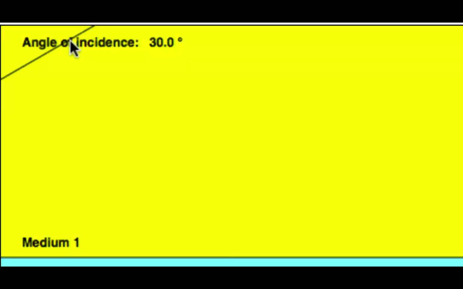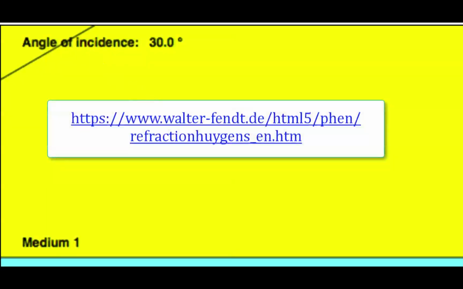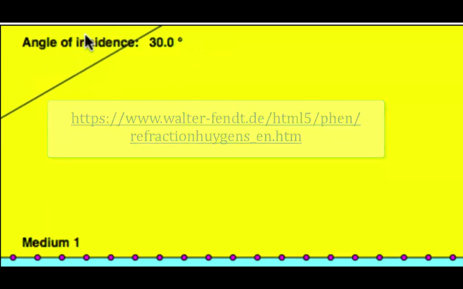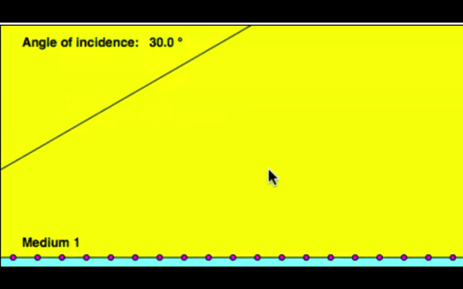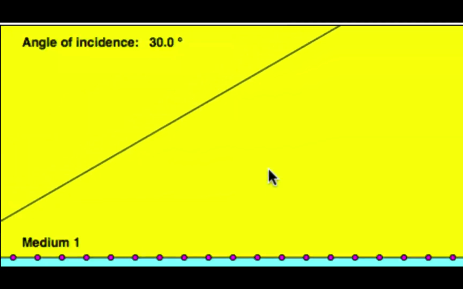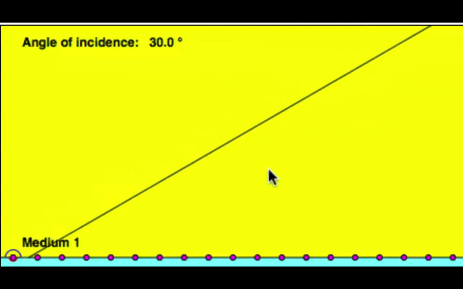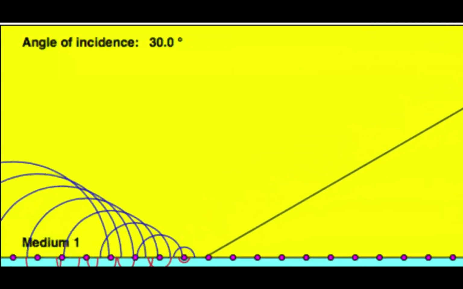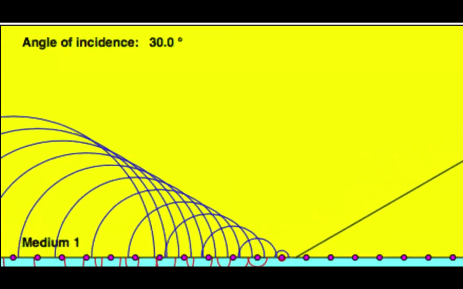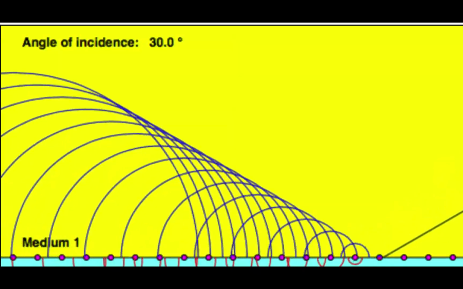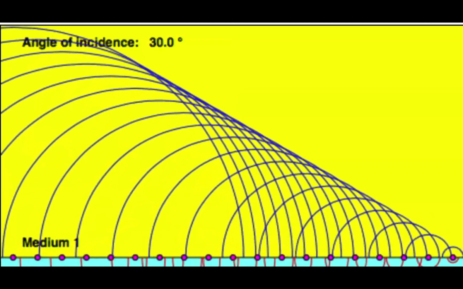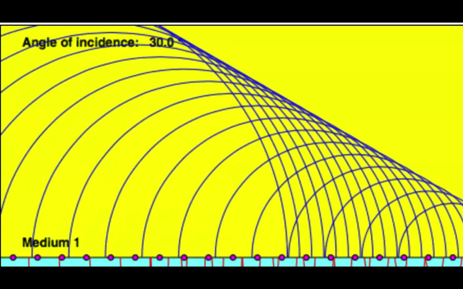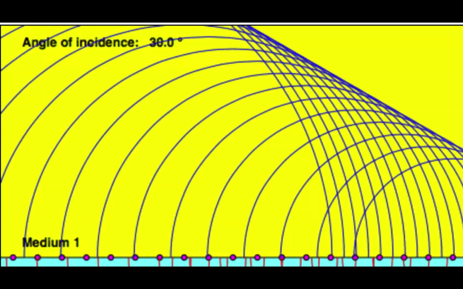Here an electromagnetic wave is on its way towards a plane reflecting surface. It is at an angle of incidence of 30 degrees. Now watch what happens when it strikes the electrons or whatever is responsible for the secondary emissions. So you're getting waves being emitted outwards. This is Huygens principle at work, but with a physical reason.